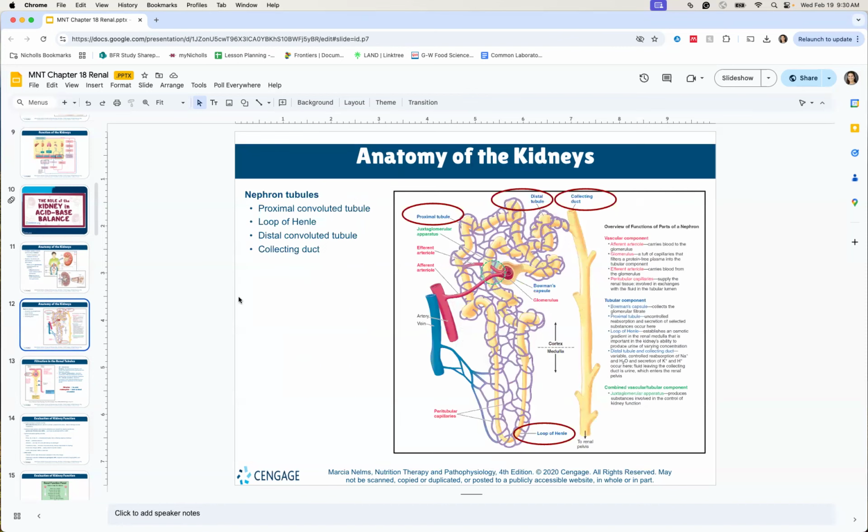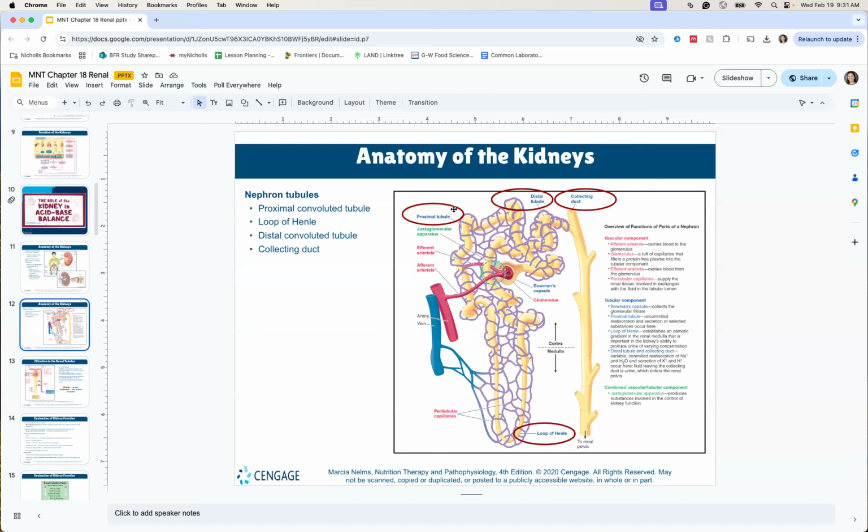So a closer look here, we have the afferent and the efferent, and here is our glomerulus. So we push blood through the afferent arteriole into the glomerulus. The glomerulus filters, okay, and then the blood leaves through the efferent arteriole.